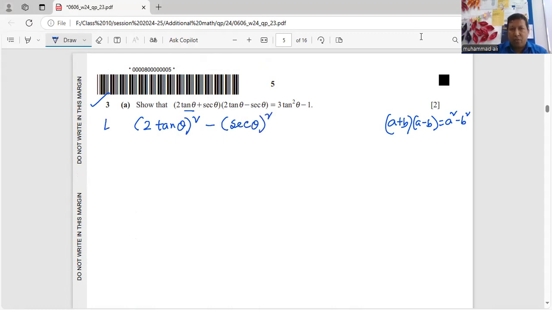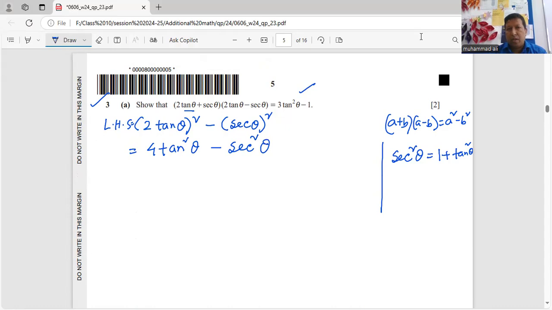This is the left part. We try to convert the left part into this part. So it will be 4 tan squared theta minus sec squared theta. And another formula is given: sec squared theta equals 1 plus tan squared theta. So instead of sec squared theta, you can write 1 plus tan squared theta.